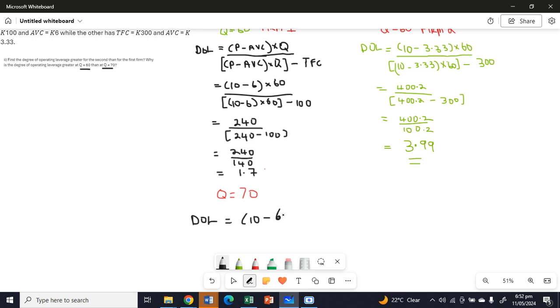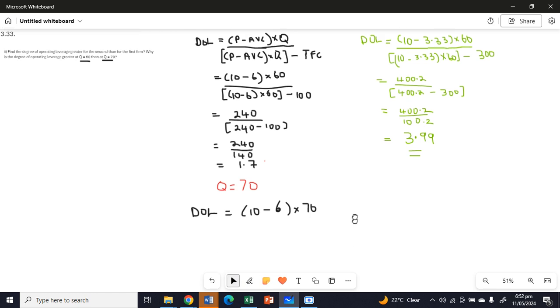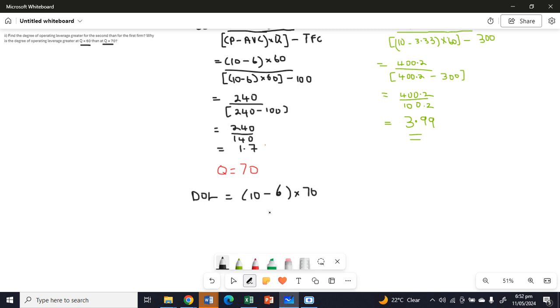So 10 minus 6 times 70, divided by 10 minus 6 times 70 minus 100.